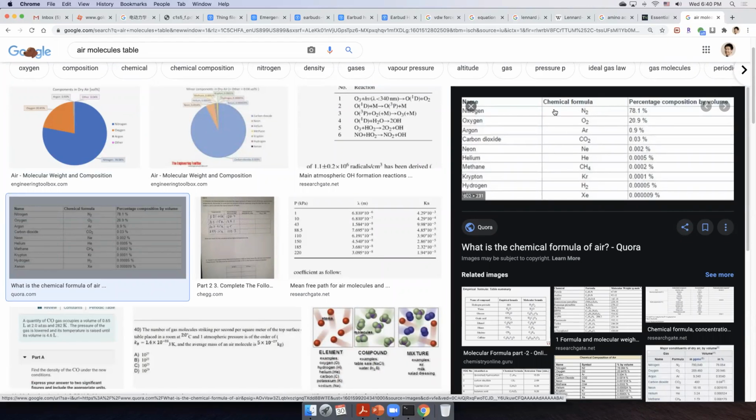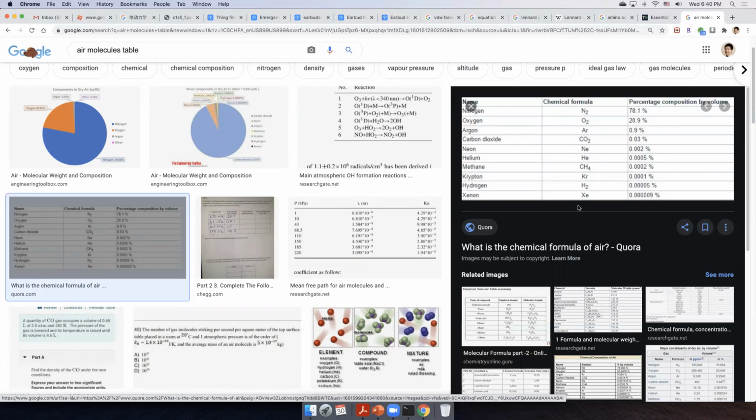Nitrogen is taking about 80% of the whole air. There is oxygen and other molecules, and also a little bit of water gas molecule in the air, but its concentration is very low.